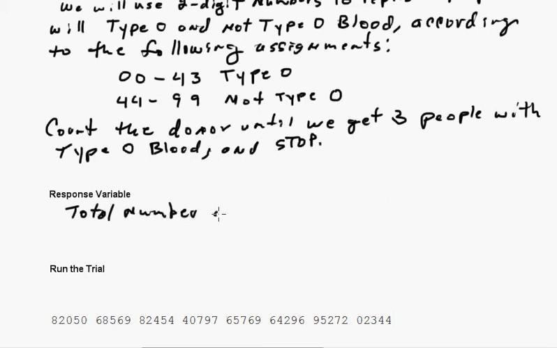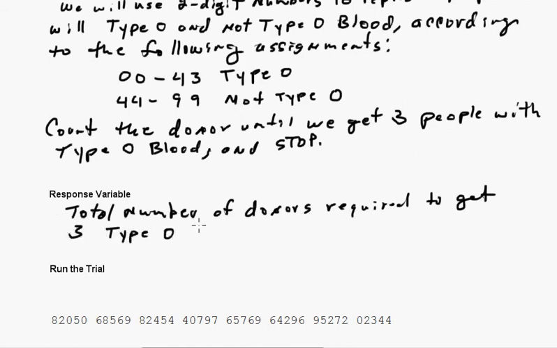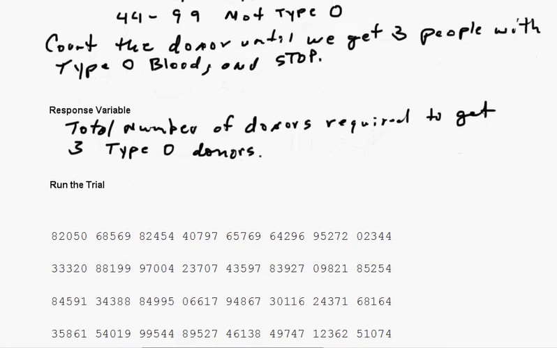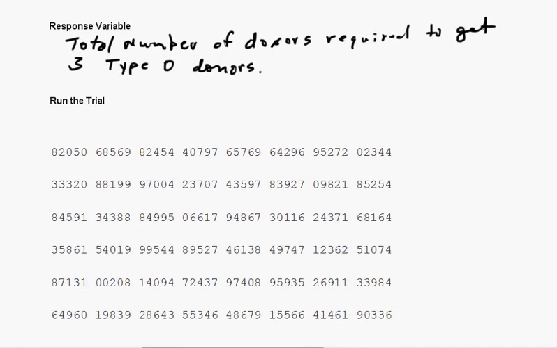So the response variable is the total number of donors required to get 3 type O donors. It might sound a little bit redundant, but if the simulation gets more complicated, this kind of detail is necessary, so we want to get into a good habit.